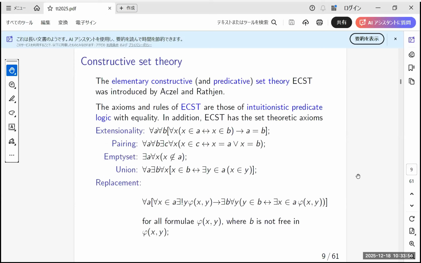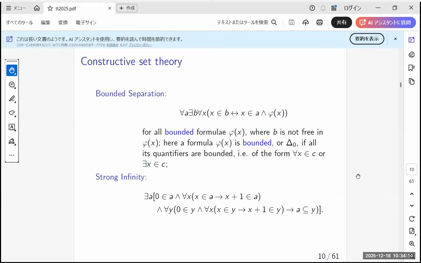ECST is based on intuitionistic predicate logic with equality and has the set theoretic axioms: extensionality, pairing, empty set, union, replacement, and bounded separation, that is separation for bounded formulas, and strong infinity.